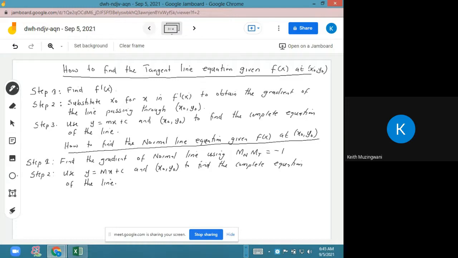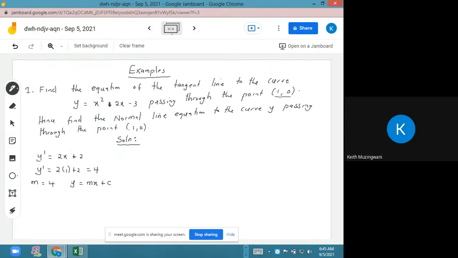Use the equation and the point. Meaning, for you to know c, use the equation and the point. So, in our equation, we know what m is. It is 4. We know what y is. It is 0. So we'll say 0 is equal to 4 times 1, plus c, telling us that c is equal to -4.